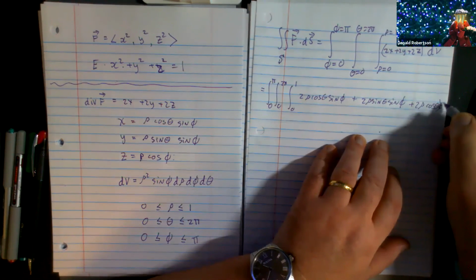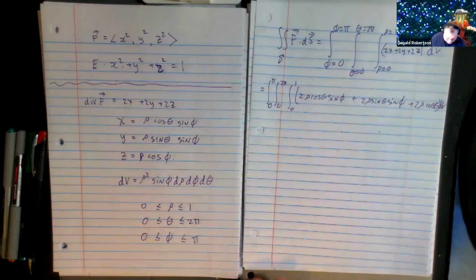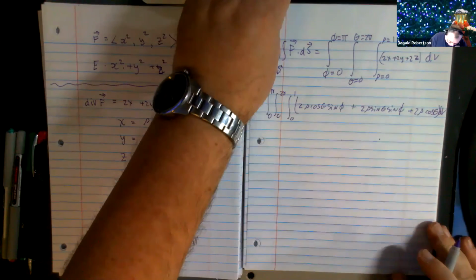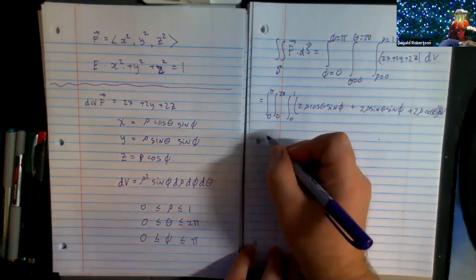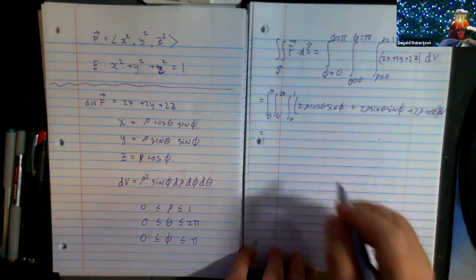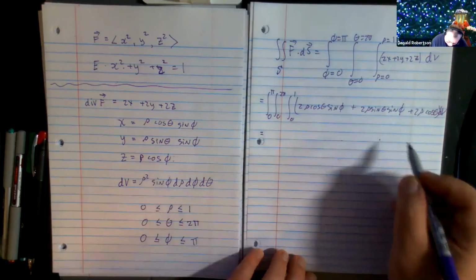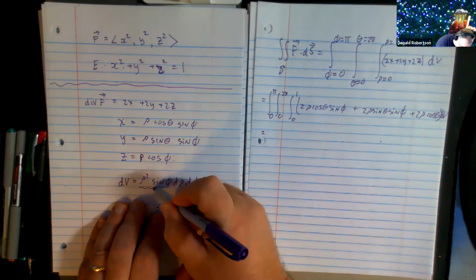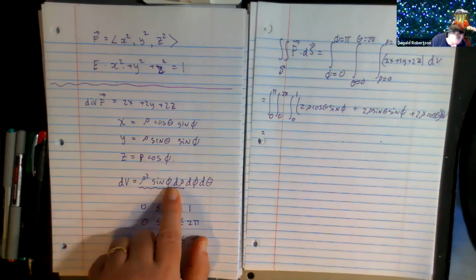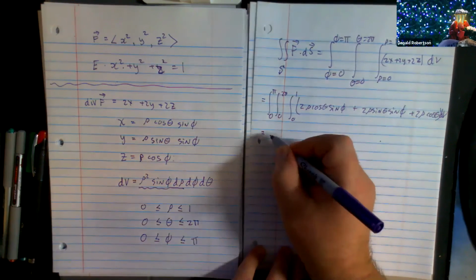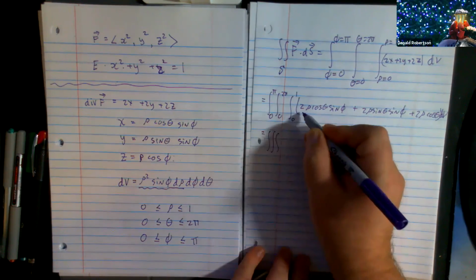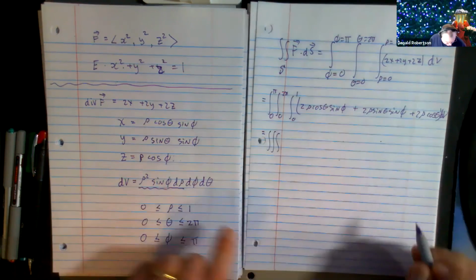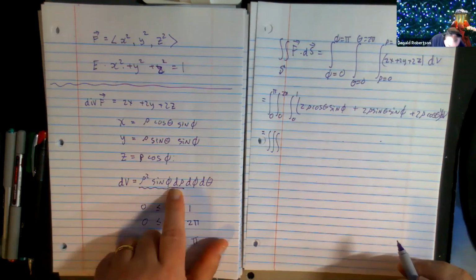And I don't have enough room, so I'm just going to have to call it dV. Yeah, it just did kind of grow into a monster. dV is basically all of this bit here. So all of these terms here are going to get multiplied by the guys.